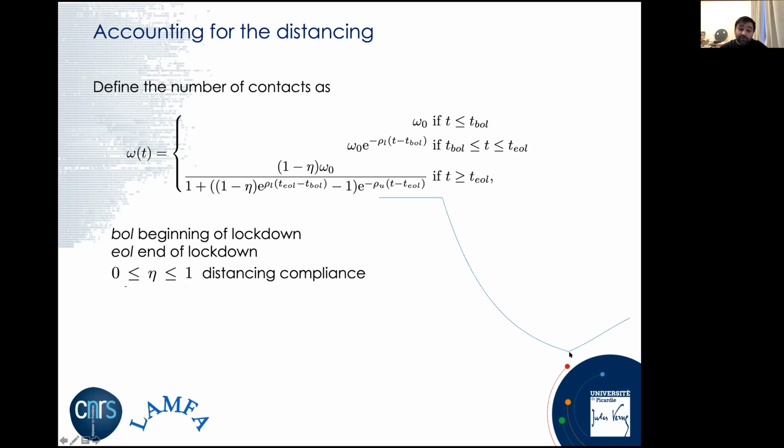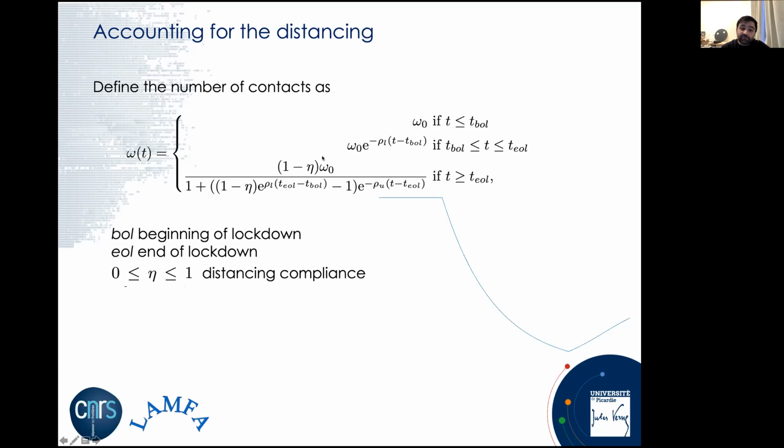And then at the end of the lockdown, again, we put an exponential increase. When you end the lockdown, we imagine that people will go very quickly to contact with other individuals.